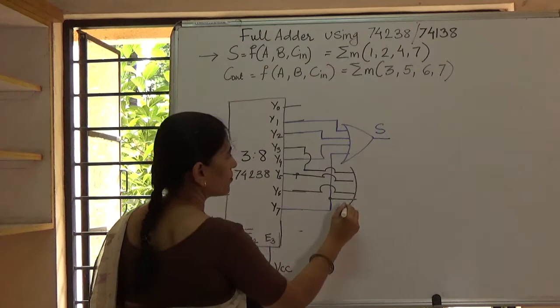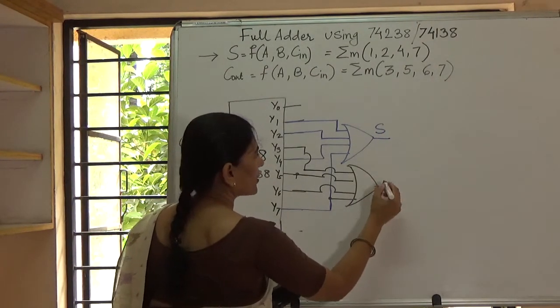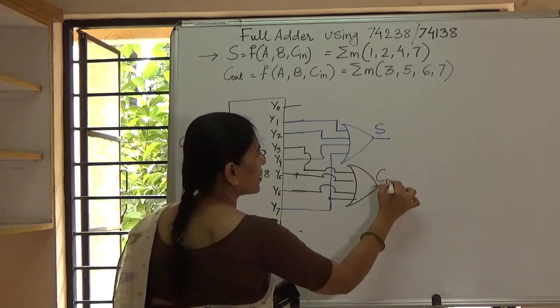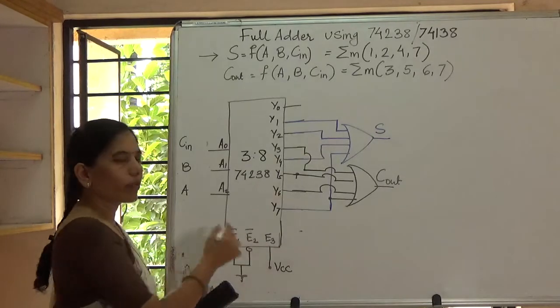And we again connect these outputs to another OR gate, and this OR gate will generate the C out of the full adder. So this is how we can implement it using 74238.